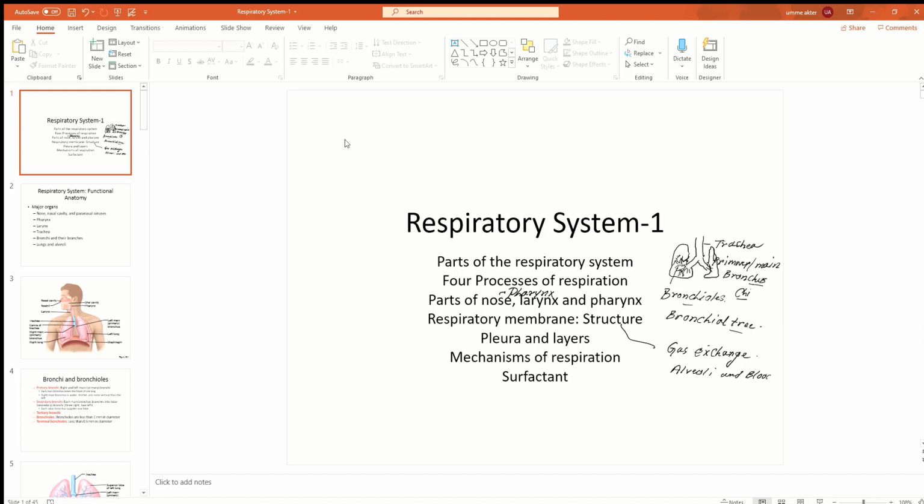So between the lung and the blood, the gas exchange occurs inside the lung through the respiratory membrane. Then we'll talk about the pleura.